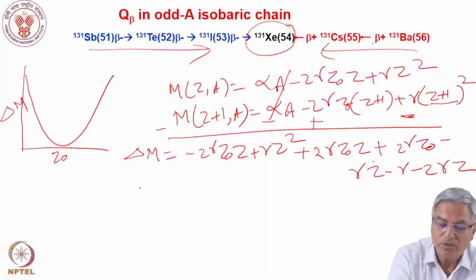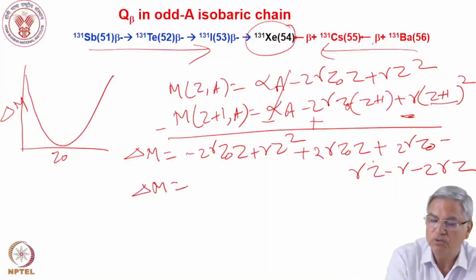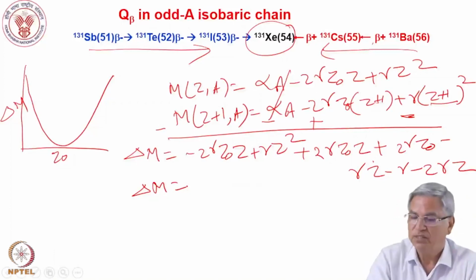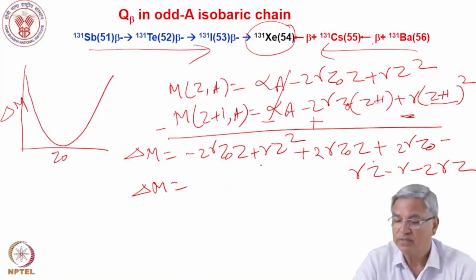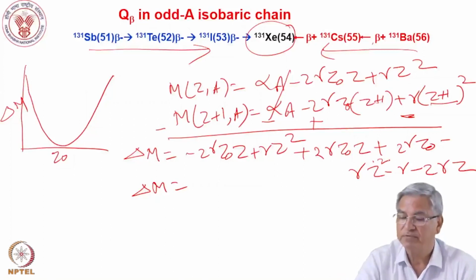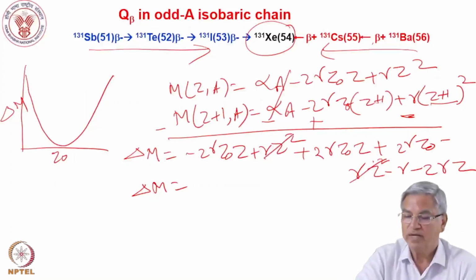Now we can find out delta M: you see here, gamma Z square will cancel with gamma Z square here.